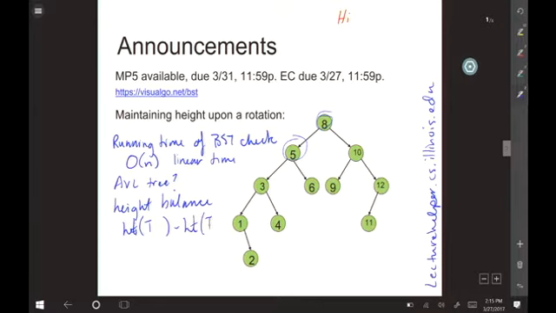It doesn't really matter as long as you are consistent. For the purposes of this class and the example code that I'm writing, it's going to be right minus left. I think in my original definition, I even had left minus right.